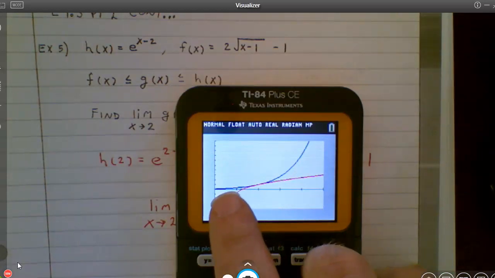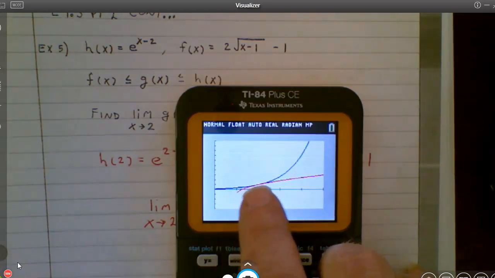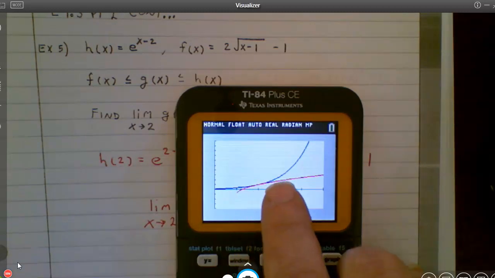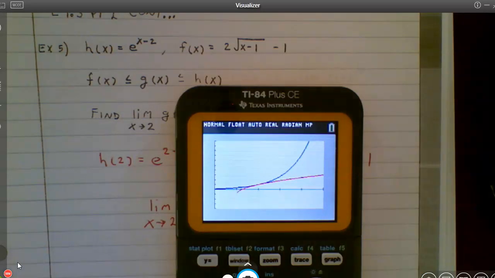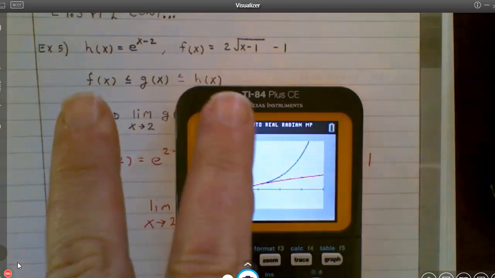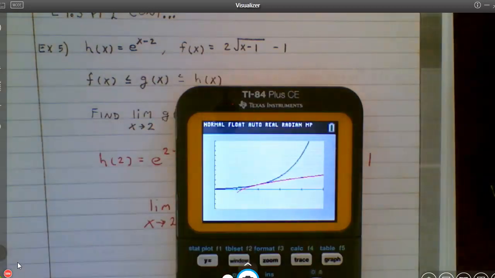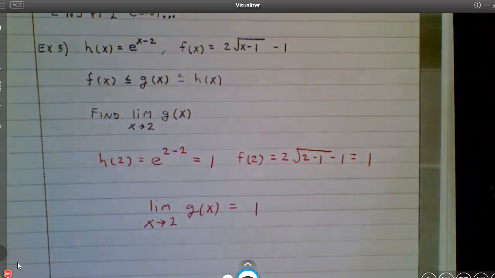I could draw any kind of graph that goes into this space, hits both those guys where they connect, and then travels anywhere into this space as well. So it's got to be between those two functions, which means the limit of g of x also has to be between the limits of those two functions right there. So again, direct substitution is just an easy way to go on this.